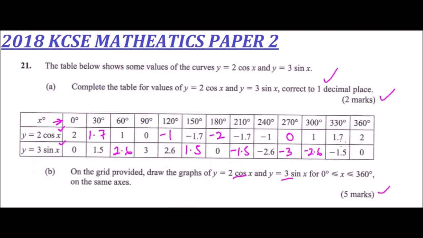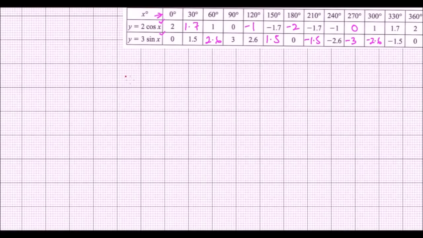So we are going to plot the graphs of these two functions, y is equals to 2 cos x and y is equals to 3 sin x, and see what they look like. So this is the grid that I'm going to use. I've already placed a table containing the values of my function.